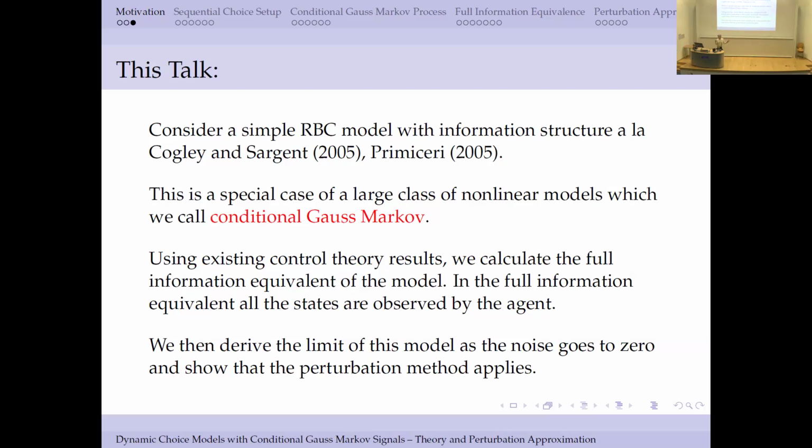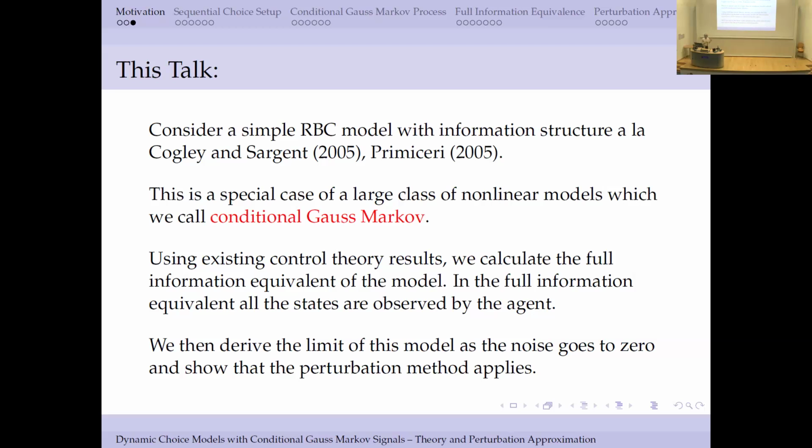Full information equivalence, that's idea number one, and sufficiency as a way to achieve dimension reduction. So we put those two ideas together, and that gives us those finite dimensional full information equivalents. Okay, so that's going to be our first result.